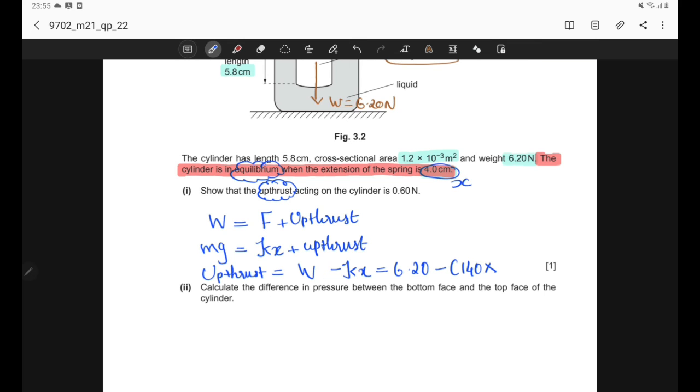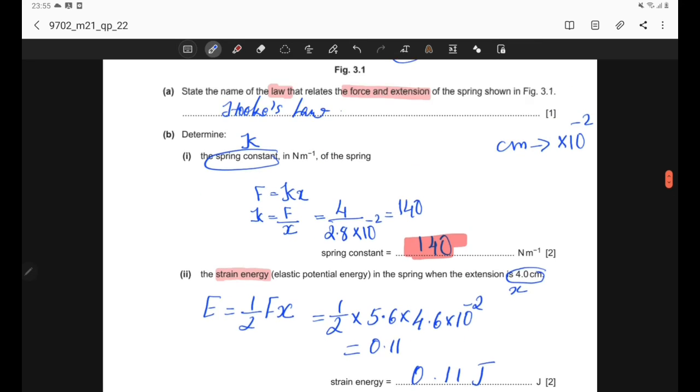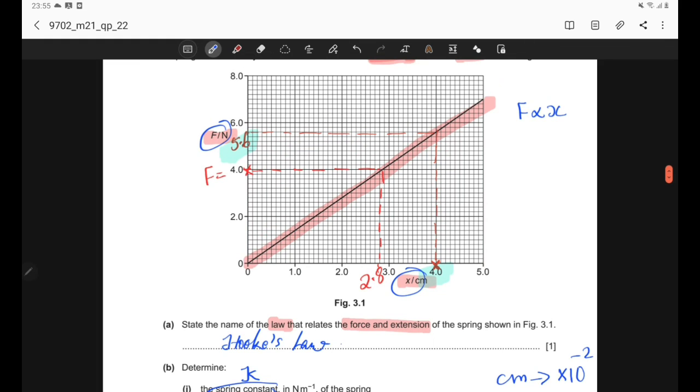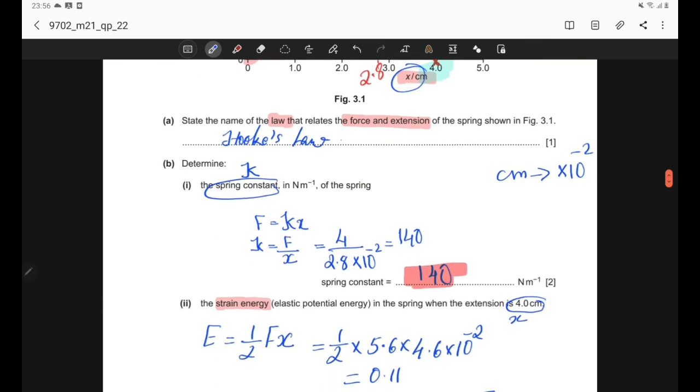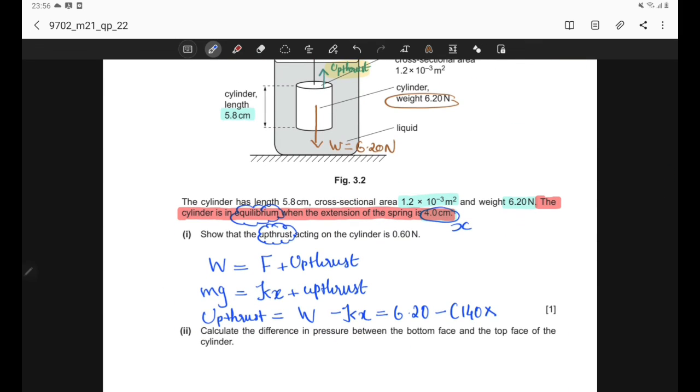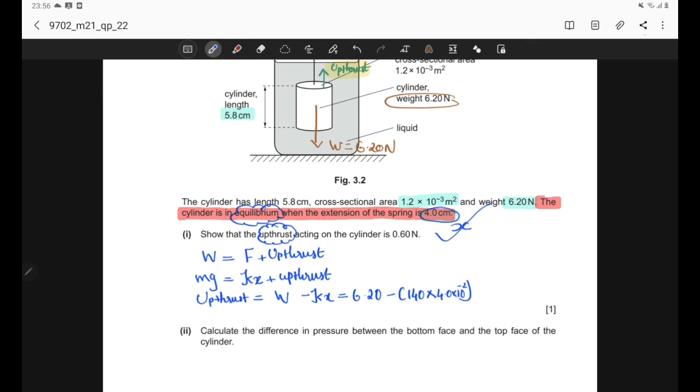So for this spring, when the extension is 4 cm, what is the force? But we just need to find out the extension of the spring. Sorry, that is already given. That is extension is 4 cm. So we can directly substitute 4 cm. So 4 into 10 to the power minus 2. And the answer is 0.60 Newton.